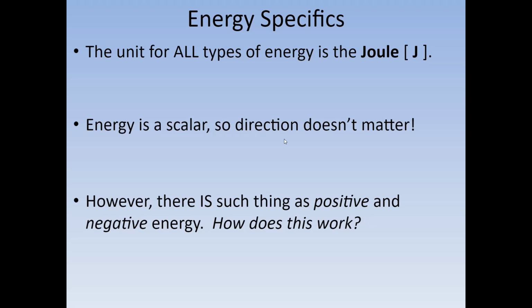If you have a potential energy of negative 50, that means you've lost 50 joules of potential energy. All right. Usually, though, we would normally talk about this in the case of change in energy. So your potential energy changes by negative 50 joules. Or in the case of work, because that is a change of energy, you could have work being a positive value or a negative value.